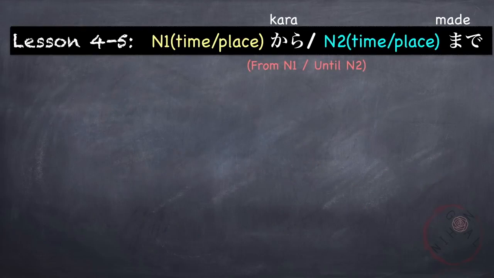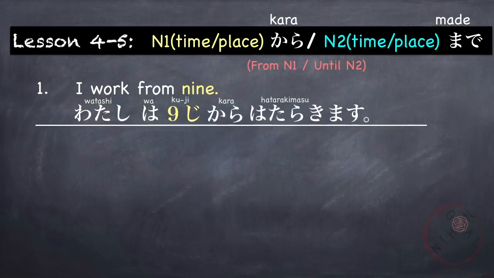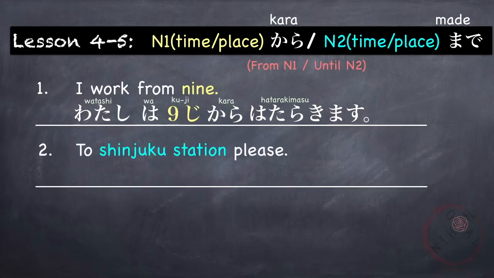Next. から and まで are not always used together. For example, I work from 9. 私は 9 o'clock is 9時。9時から働きます。Another example, to Shinjuku Station please.